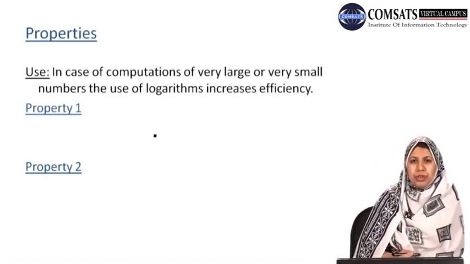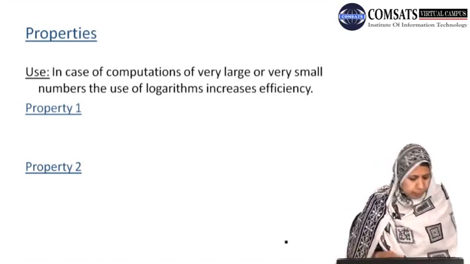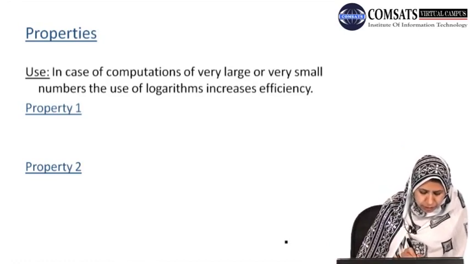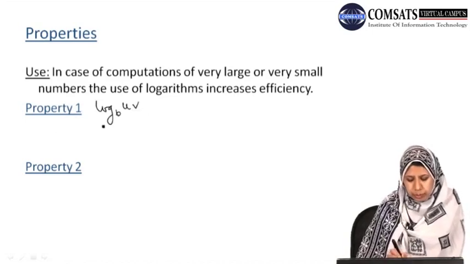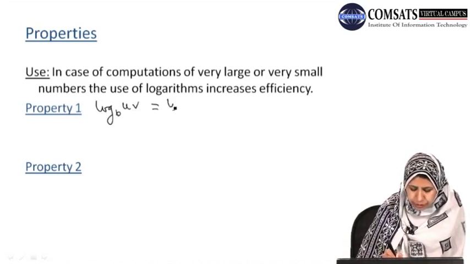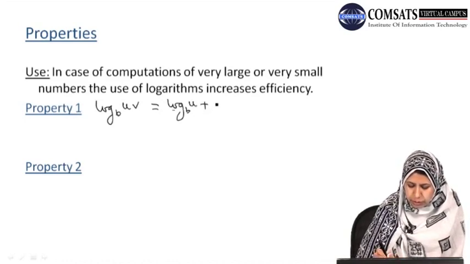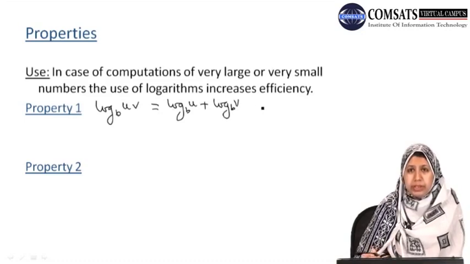The first property, which we all know and have used many times, is: if we have two numbers u and v, then the log of u times v to the base b is equal to log of u to the base b plus log of v to the base b.